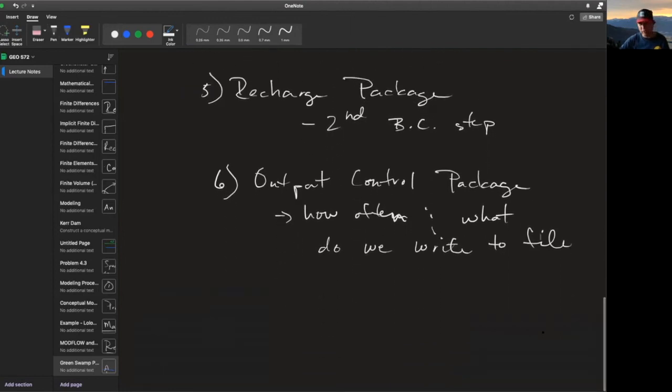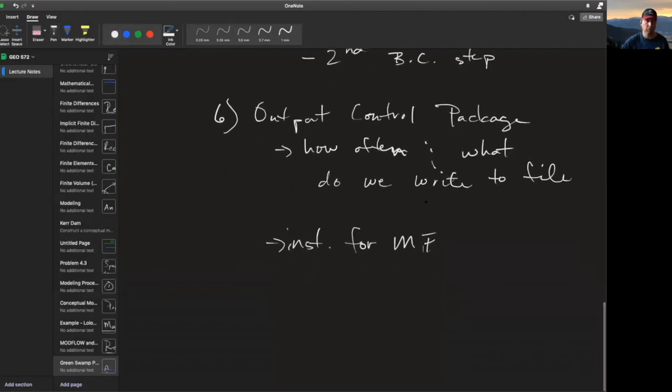This is instructions for MODFLOW. This is not really part of our conceptual model. This is just instructions to tell MODFLOW, the model, when to output. We're going to construct our output control knowing what the problem is we want to solve.